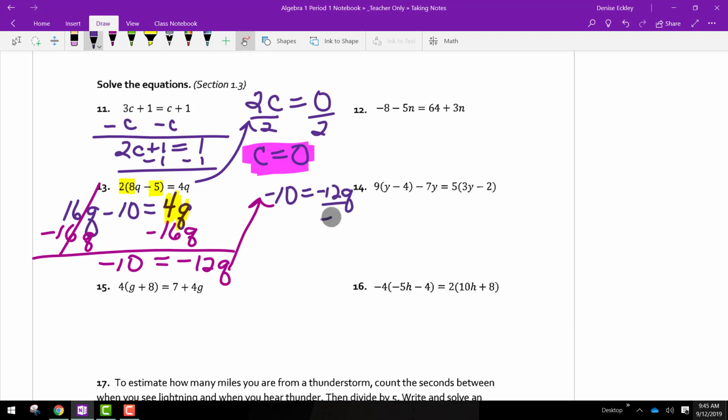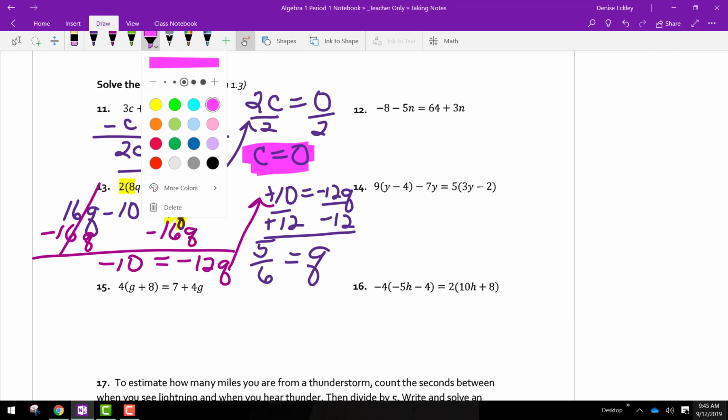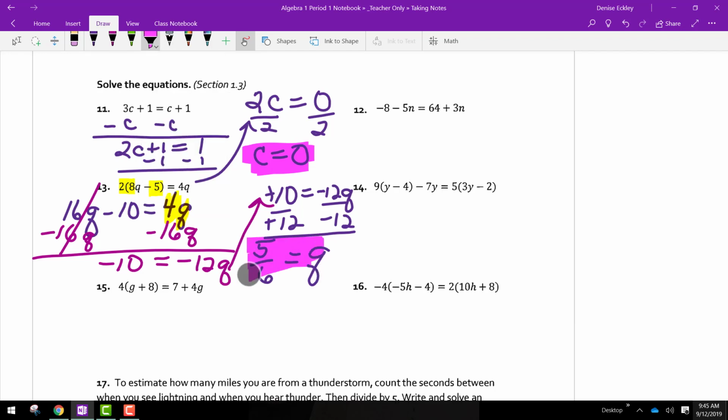I'm going to divide by negative 12. And again, it doesn't go in evenly, but that's all right. Two negatives make a positive. Simplifying 10 over 12, I get 5 over 6. And that is going to be our solution, 5/6.